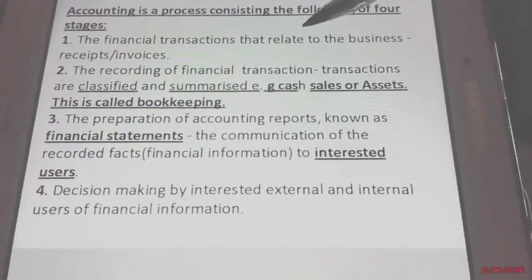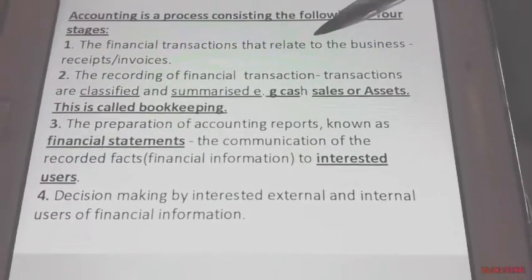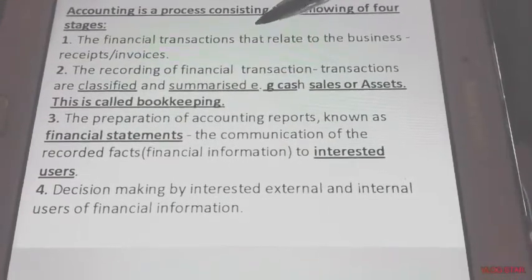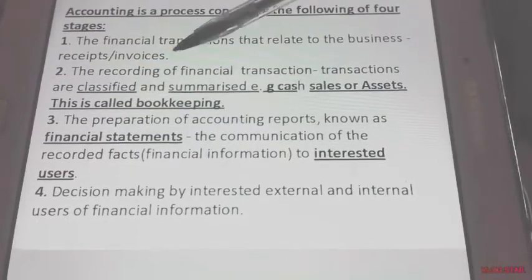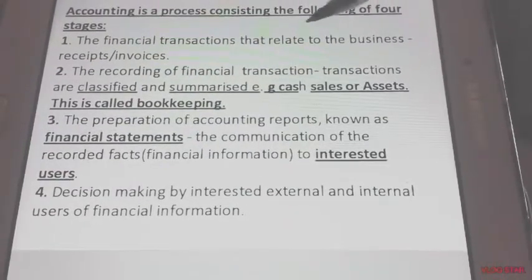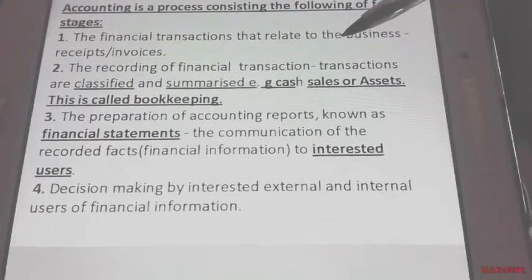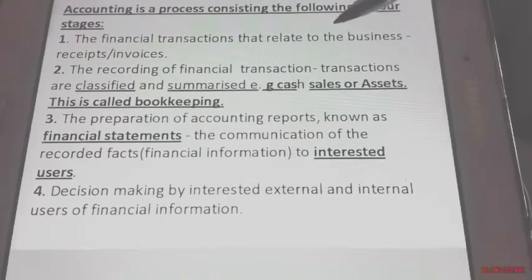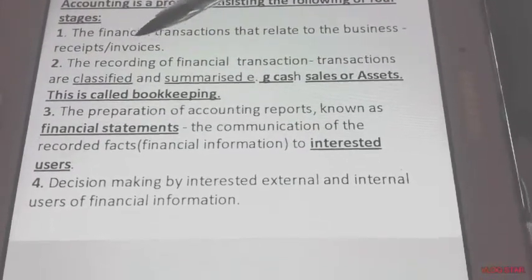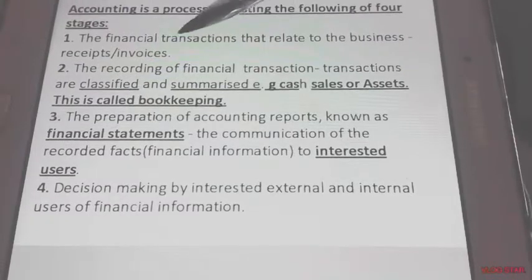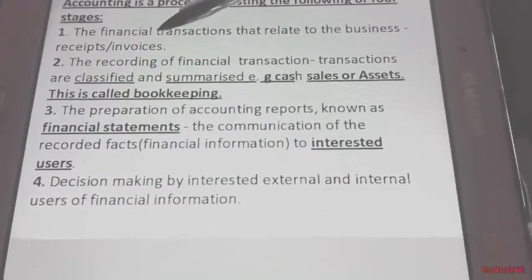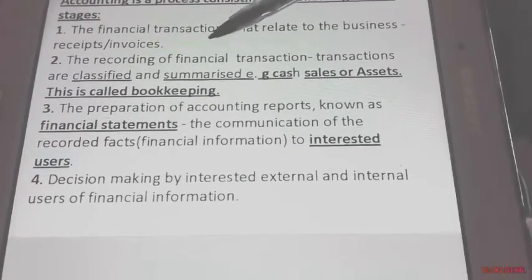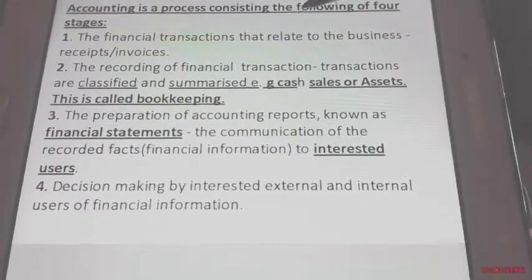Examples are a receipt and an invoice. A financial transaction takes place when the business exchanges goods with consumers and issues a receipt, or when the business transacts with suppliers and the suppliers provide an invoice. This is what we call financial transactions.